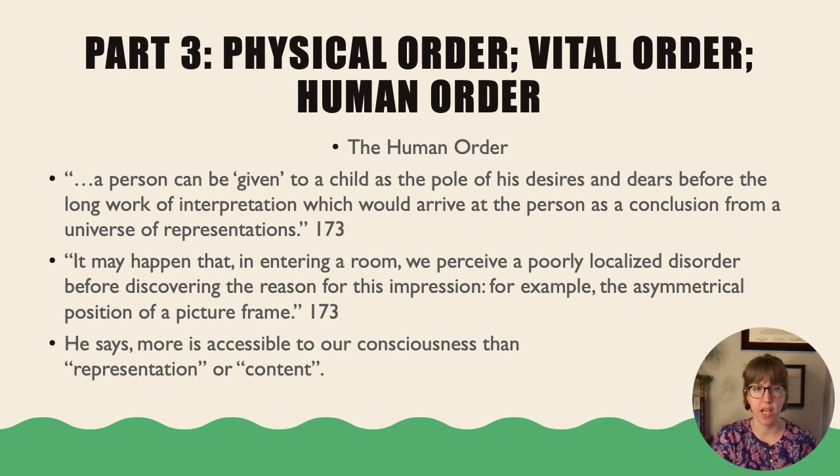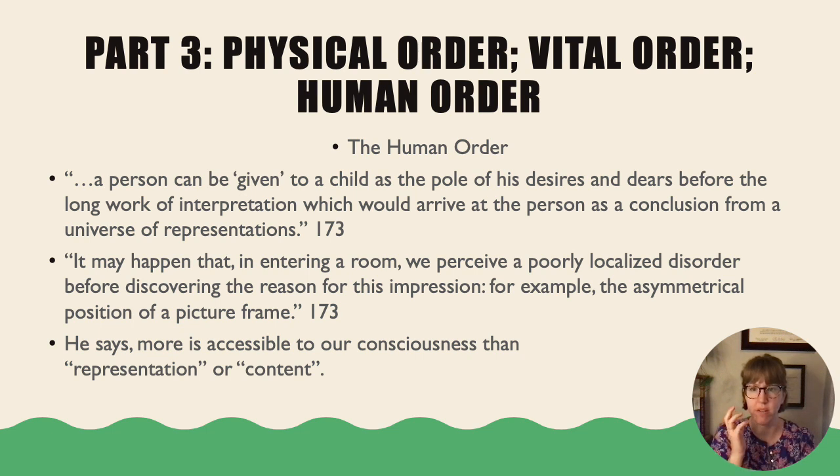He says it may happen, for example, that in entering a room, we perceive a poorly localized disorder. So we have this sense that there is something that is disordered here, before discovering the reason for this impression. For example, it was an asymmetrical position of a picture frame. We can walk in and perceive that before we really isolate what it is that is disordered.